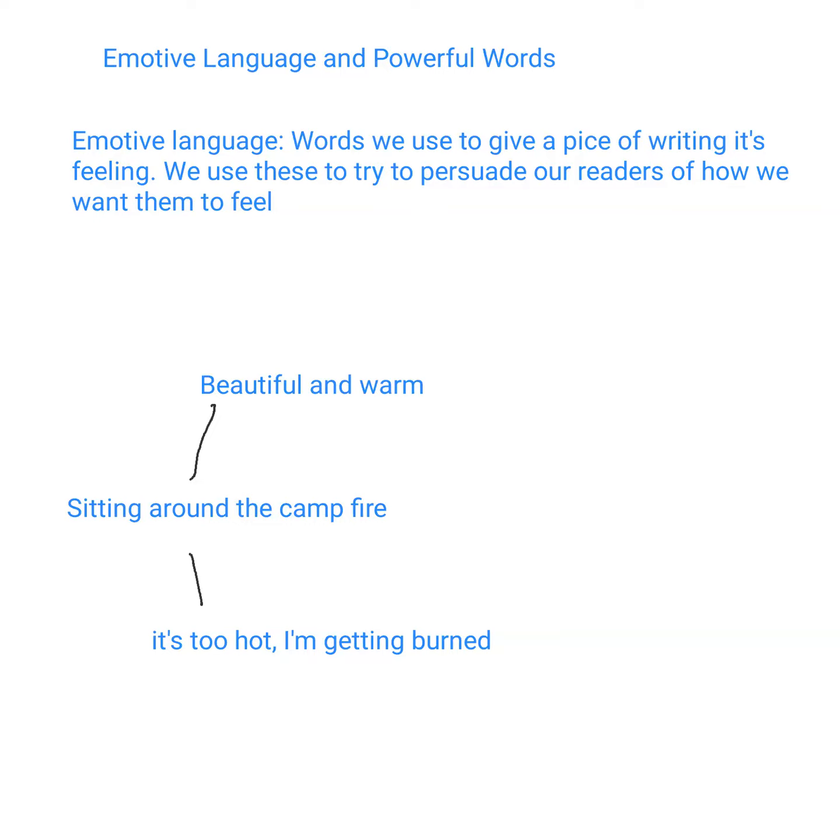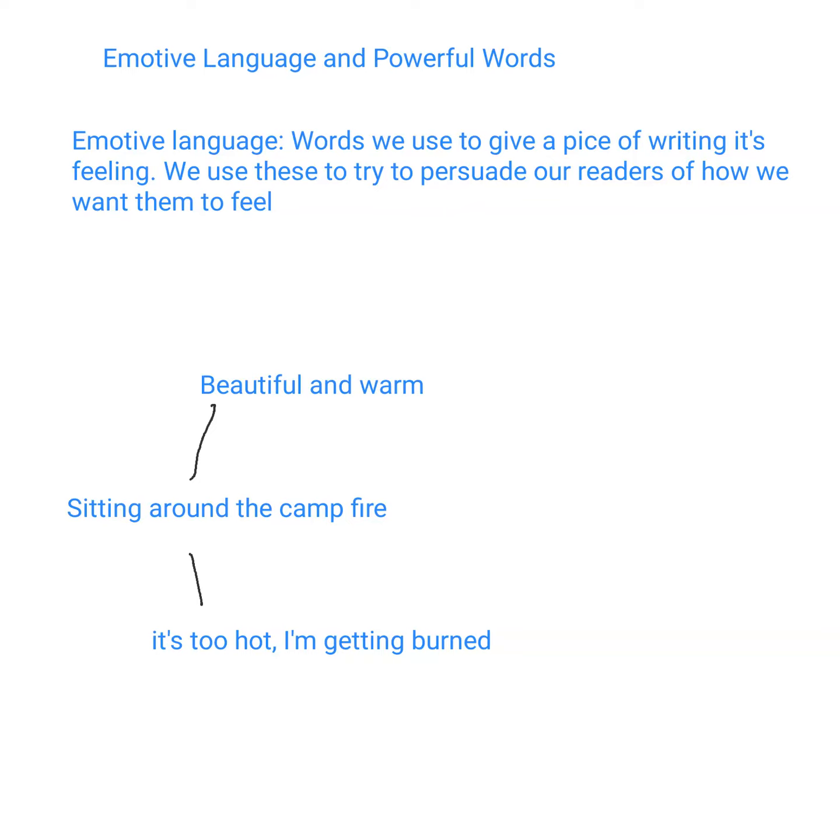So that's the aim of our emotive language, is to assign not even a feeling, but do we want our readers to look at this piece of writing and look at the issue we're discussing positively or negatively? That's really what emotive words help us do.